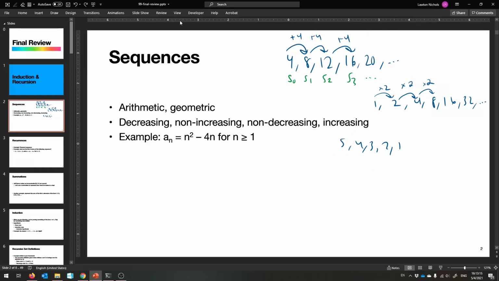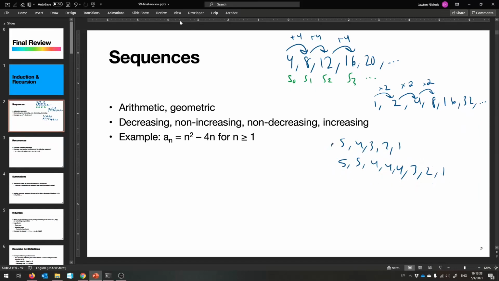This is a decreasing sequence because it's always getting smaller. Whereas a non-increasing sequence can stutter for a little bit and then get a little bit smaller. So like 5, 5, 4, 4, 4, 3, 2, 1. This is not strictly decreasing because it sometimes stays the same, but it's definitely not increasing. You see how that's working?